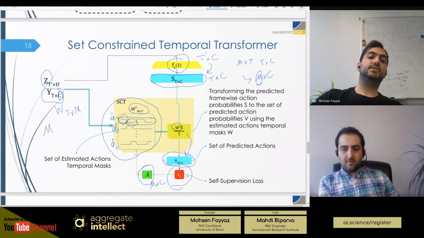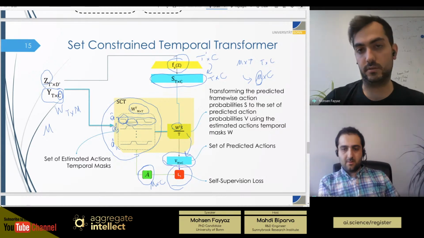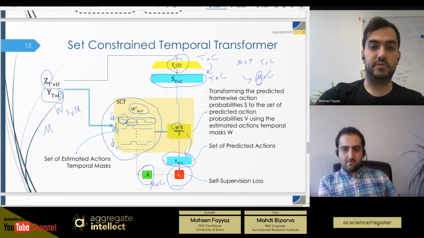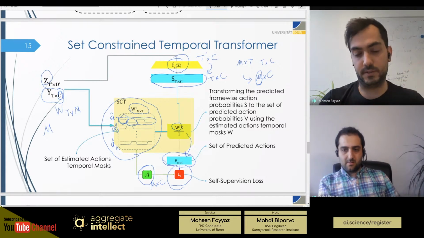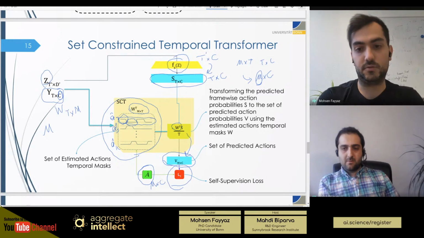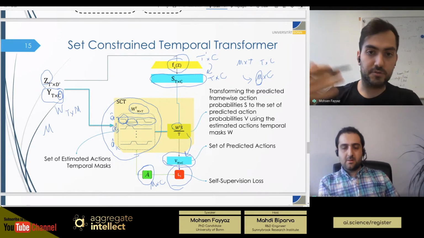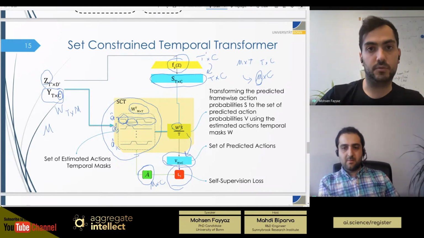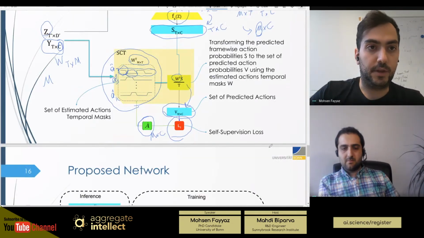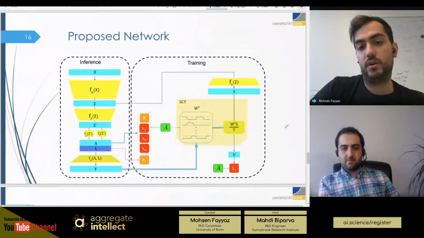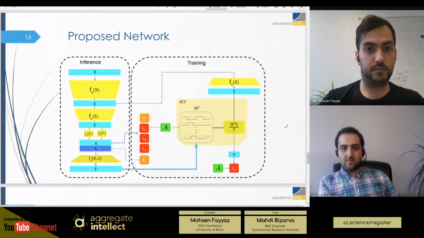I can have the loss here, and we call it the self-supervision loss. We use this sort of consistency across different levels of representation as a supervision signal here. And we also solve the problem of not having the order of actions. And yes, this is the overall schema of the proposed network.